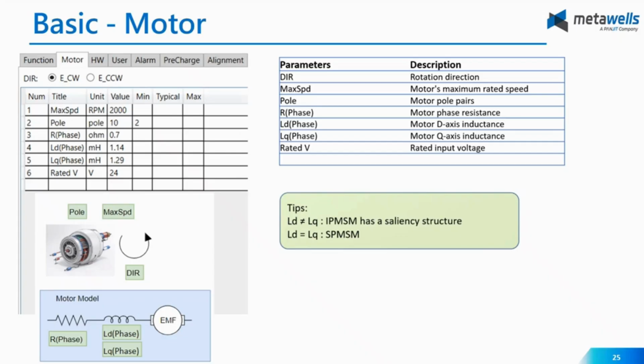So we have to input R, which is the phase resistance, LD is the D-axis inductance, and LQ is the Q-axis inductance. We can see these tips. Sometimes you can find LD doesn't equal LQ, because an IPMSM has a salient structure, so the two values are not the same.